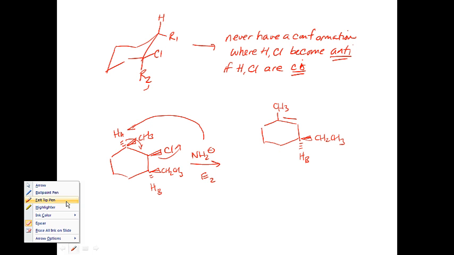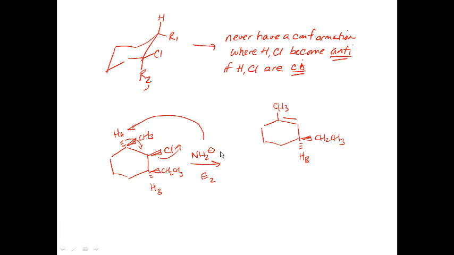Or the other possible product is that the NH2 minus can come in, grab this hydrogen, have that pair of electrons move here, still kick off the chlorine. So the other possible product would have the double bond here with then HA and the CH3 group there.